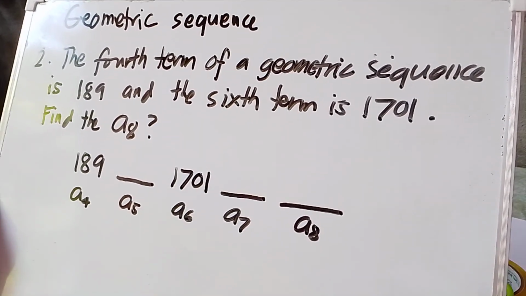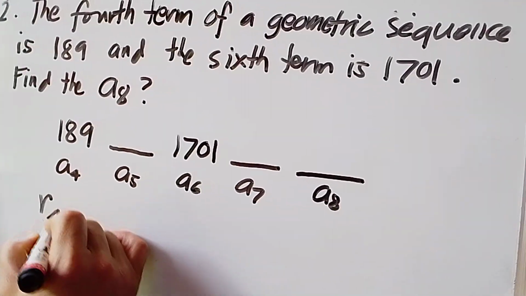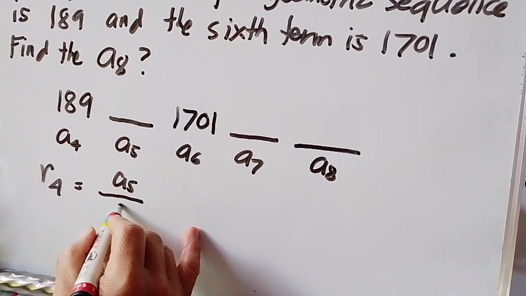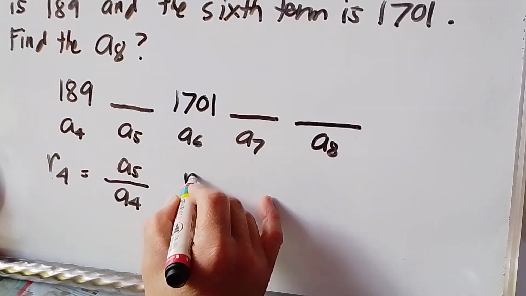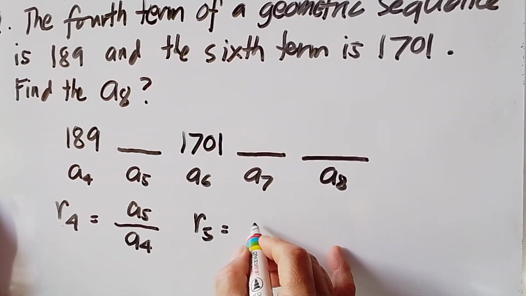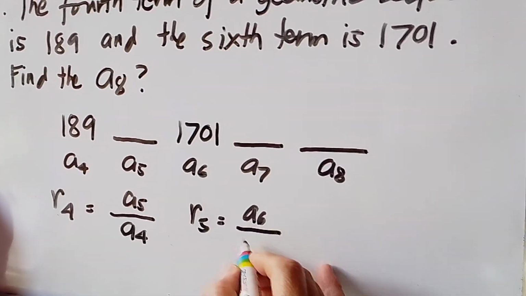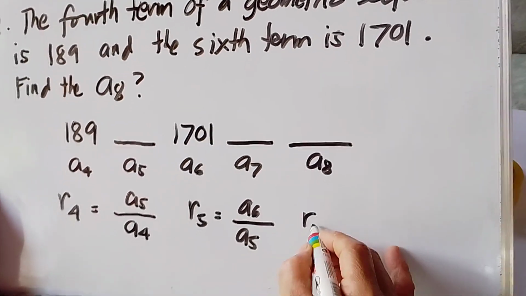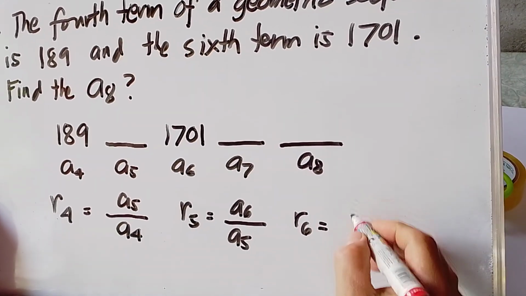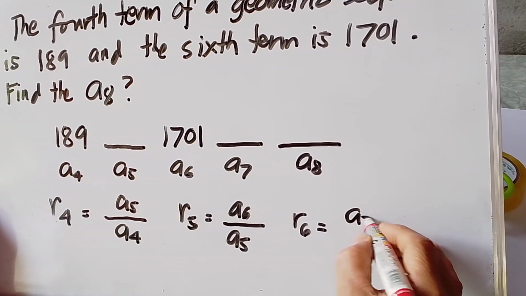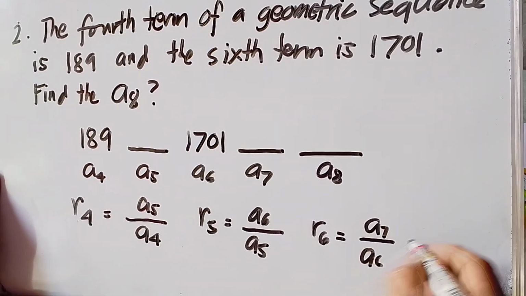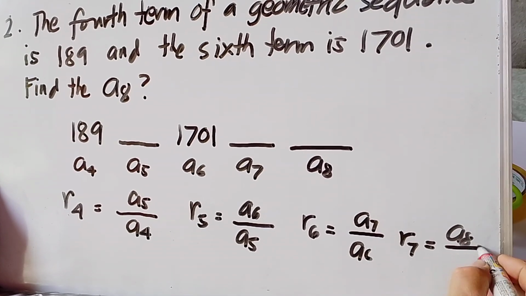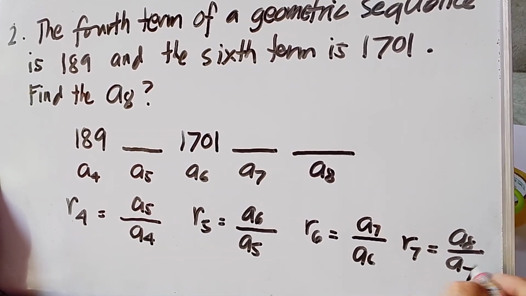I can take the ratio first. So R4 is equal to A5 over A4, then R5 is equal to A6 over A5, then R6 is equal to A7 over A6, and then the last, R7, is A sub 8 over A sub 7.